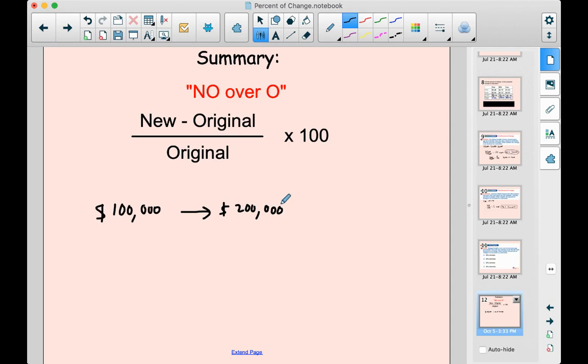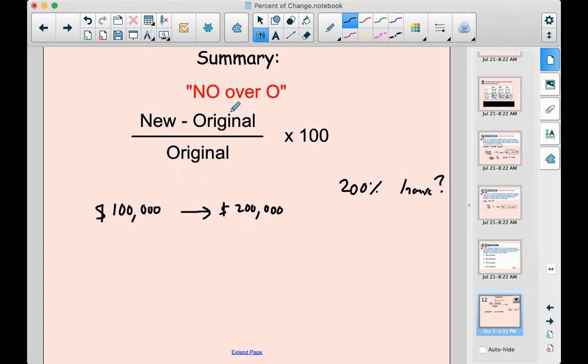What I hear people say a lot about this is that it is a 200% increase. That statement is understandable because people think, well, this is 200% of that. But that's not what percent change means.